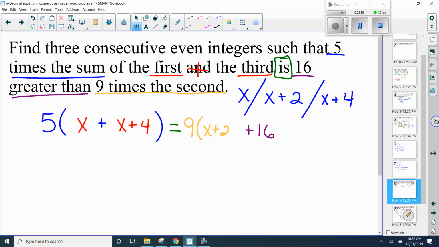x plus 2. Now I'm going to tell you something right now: in a homework assignment, it may say the opposite of the second. The opposite of the second is not that right there. The opposite of the second is negative x minus 2. For example, give me a value for x. 2. 2 plus 2 is 4.